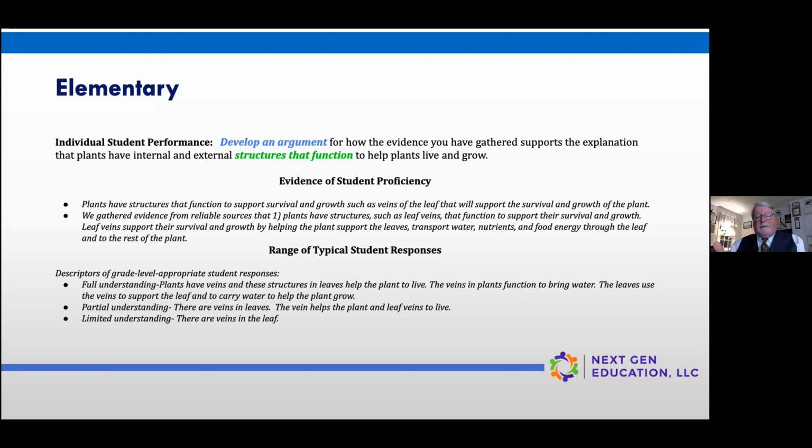And you all have access to this PowerPoint, so you don't have to worry about getting lost with this. But notice that in the individual student performance, they're going to develop an argument about how the plants have internal and external structures that function to help plants live and grow. That could easily be develop a model or something to that effect.